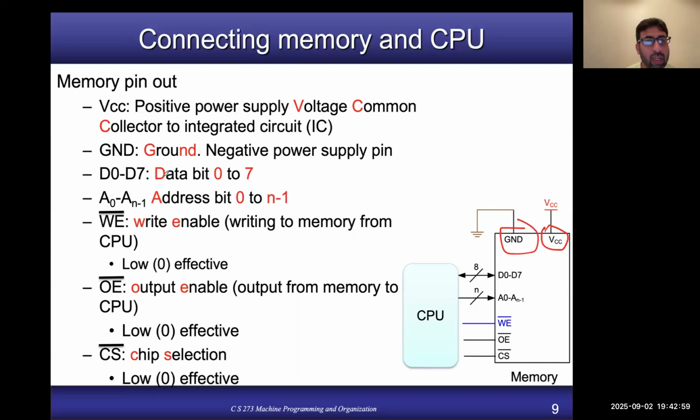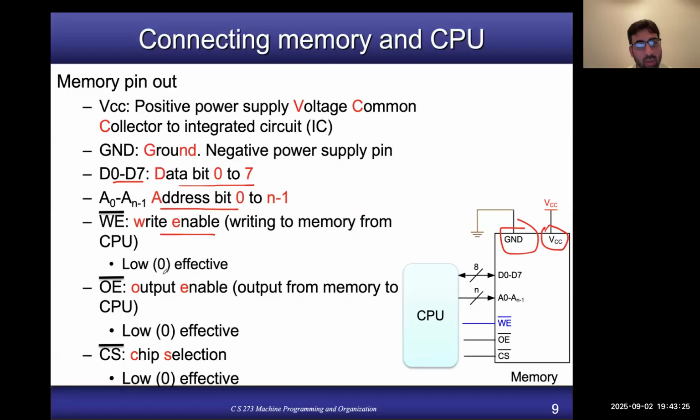These D0 to D7 are data bits, or the data bus from bit 0 to 7. In this particular example it is 0 to 7, but depending upon the chip it can be larger, like maybe 0 to 15 or 0 to 3. It depends on how many bits are stored in a single location of a memory. Then these A0 to AN-1 are address bits.